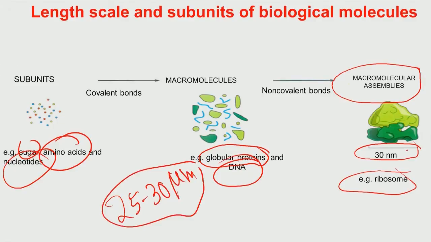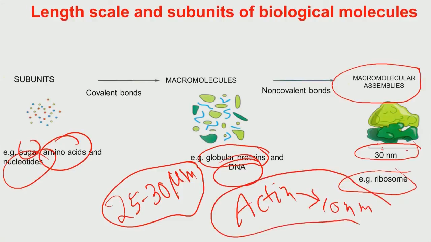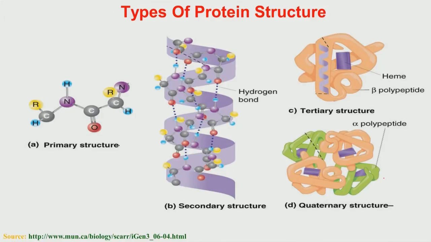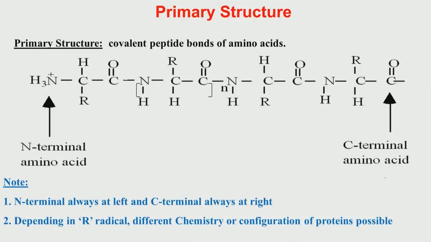If you remember the actin filament structure, it has a size of somewhere around 10 nanometer. So, the cytoskeletal elements and different cellular organelles are mostly in the order of nanometers in length scale. Okay, this essentially shows you the different levels of structure description of a protein.